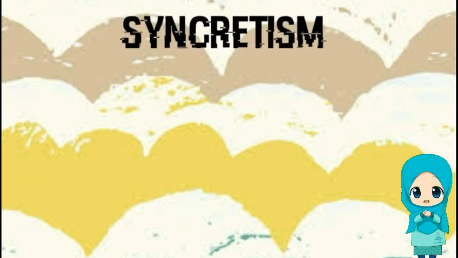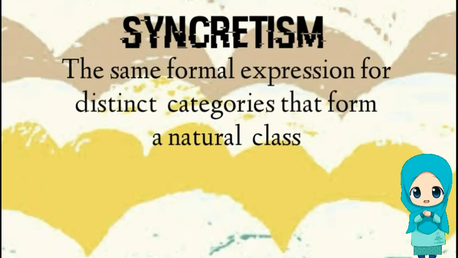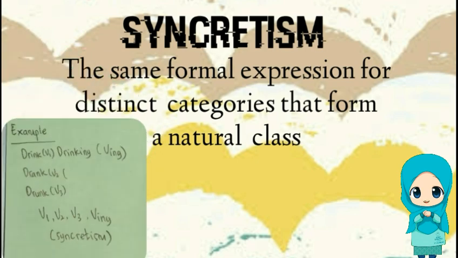Next about syncretism. Syncretism is the same formal expression for distinct categories that form a natural class. Syncretism is focused on categories from the morphemes. For example, in the morphemes drink, drank, drunk, and drinking, they are from verb 1, verb 2, verb 3, and verb ing.